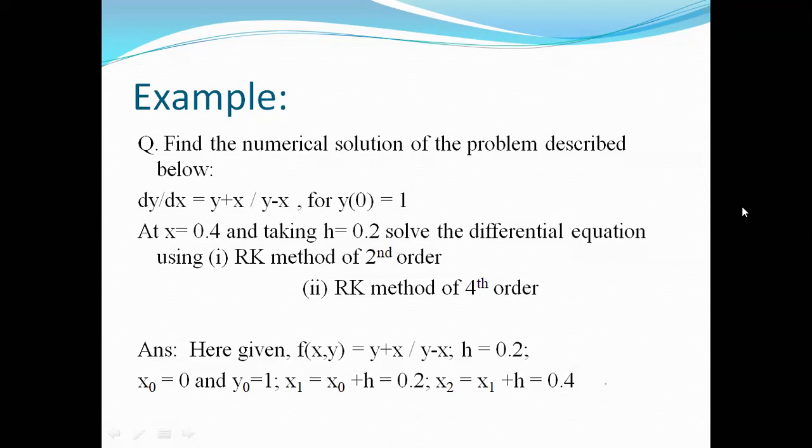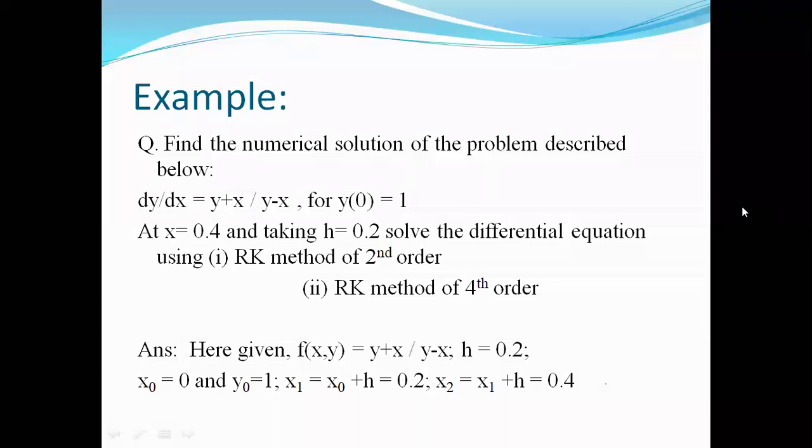Over here, in this sum it's given that f(x,y), that is dy by dx, is (y plus x) divided by (y minus x). The step size, as I had said, is 0.2. x0 is 0 and y0 is 1.